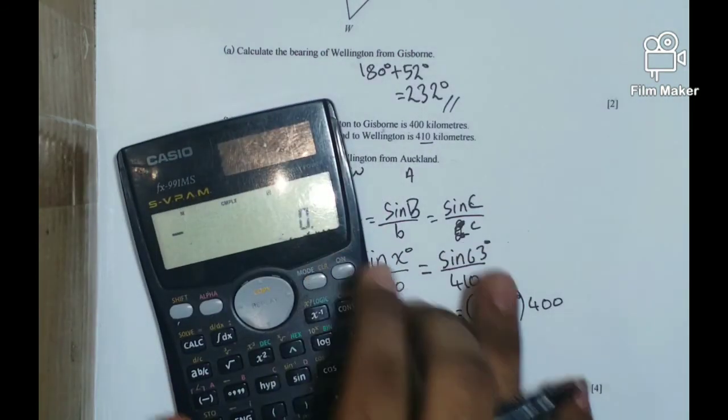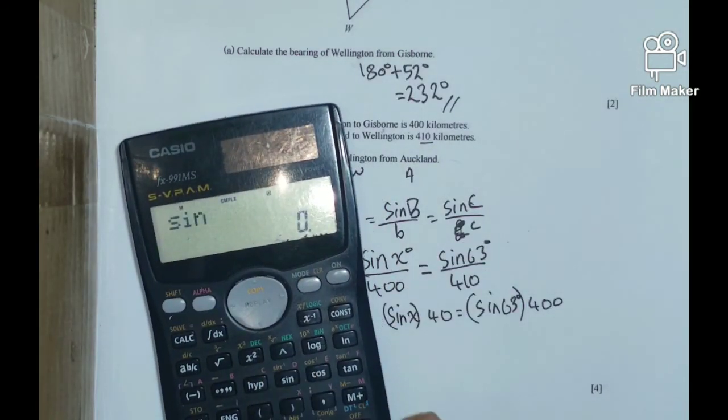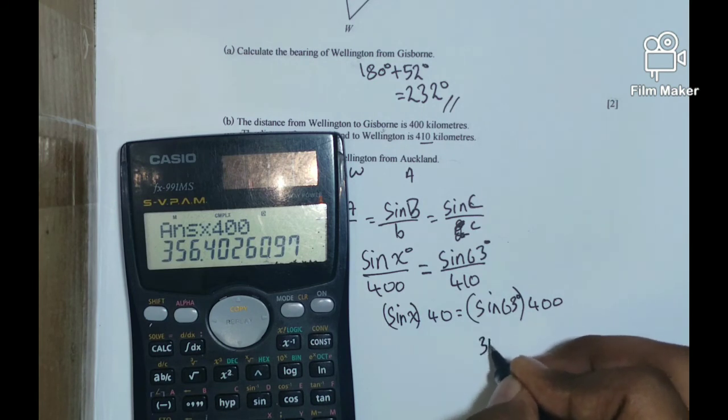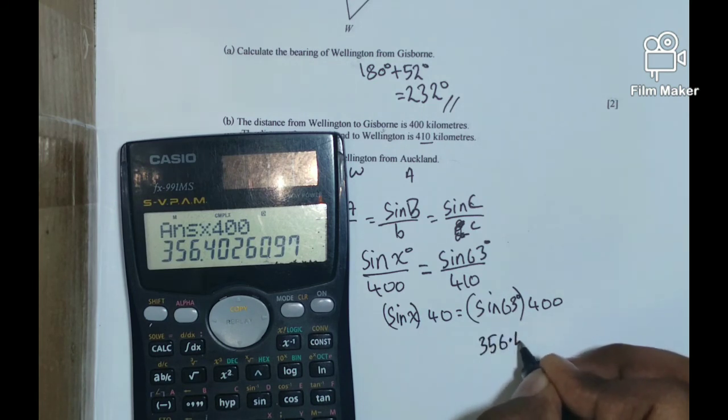If we put it on our calculator, sine 63 is equal to 0.891, multiplied by 400, which is equal to 356.4.